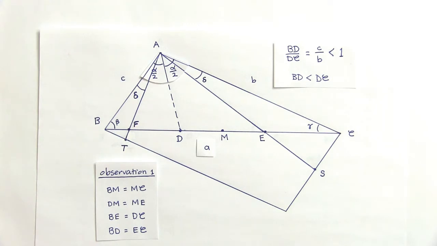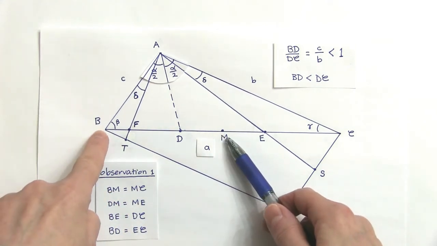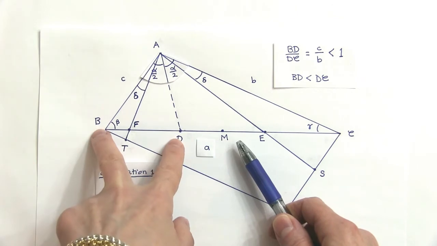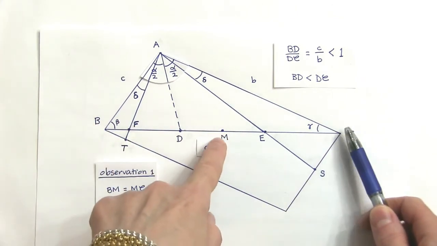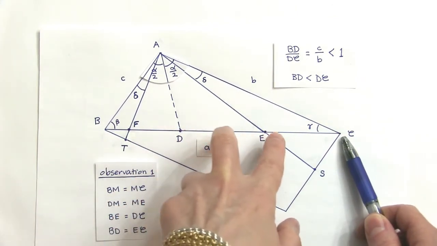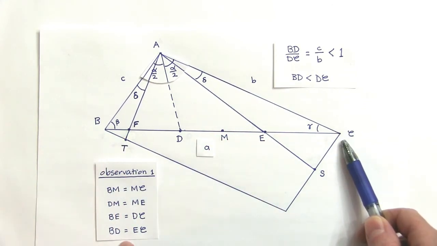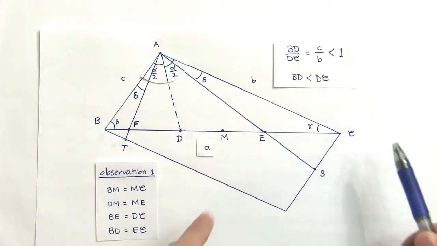Or I could subtract this length off. So I can get this one if I take the halfway distance and subtract this bit, I get BD, which is the same as if I take this half distance and subtract this same length and get EC. So BD is the same as EC.